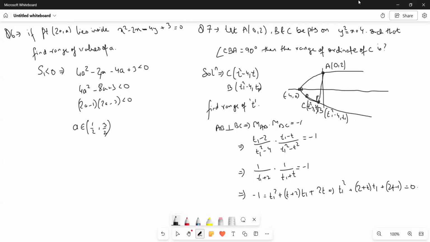Now what condition should we apply for this t1? This is a quadratic and we want this situation to happen. For this, the roots of the quadratic must be real. And what is the condition for roots to be real? D is greater than or equal to 0. So (t + 2)² − 4(2t − 1) must be greater than or equal to 0. This will give us a quadratic in t.